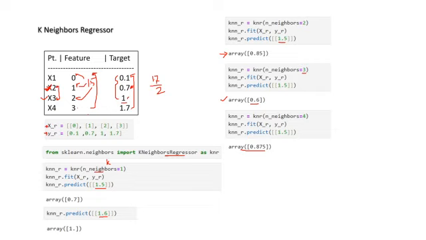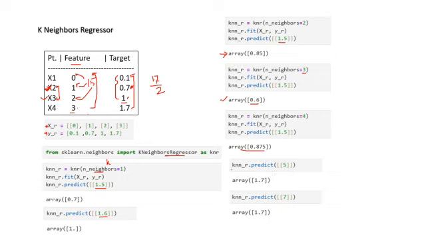Now there is one reason why I will not use the k neighbors regressor, and this is the reason. It is strictly distance based. Here the maximum value for the feature was 3.